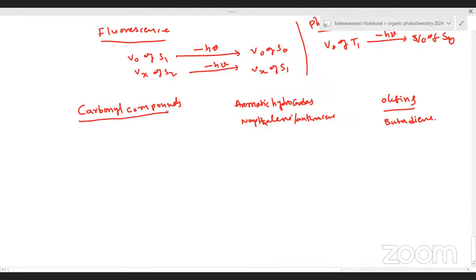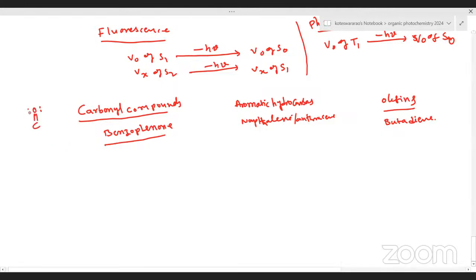Now, first for the carbonyl compounds, I am considering benzophenone. Benzophenone has easily excitable electrons, the lone pair of electrons present on oxygen.